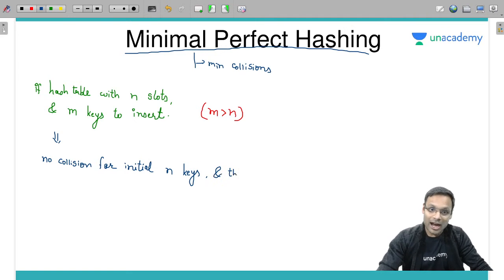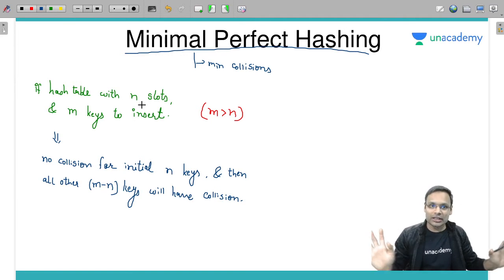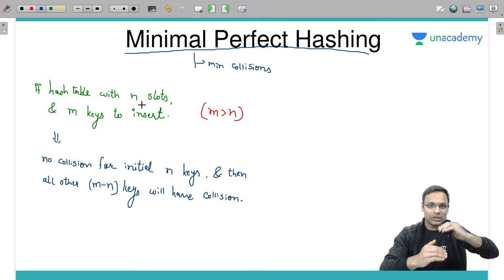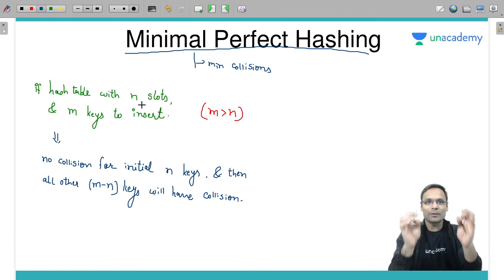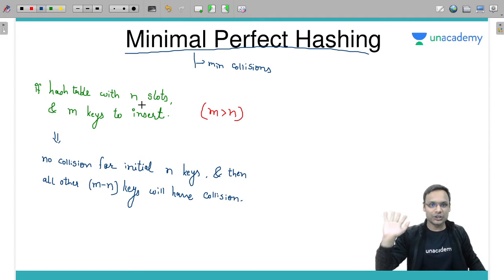And after that, all other M minus N keys will have collision. I hope you understand this point. बहुत आसान है. शुरुआत की n number of keys के लिए कोई कोलिजन नहीं. सारे स्लॉट जब फुल हो जाएंगे उसके बाद बची हुई जितनी भी कीज आएंगी सबके लिए कोलिजन आएगा. That is minimal perfect hashing.